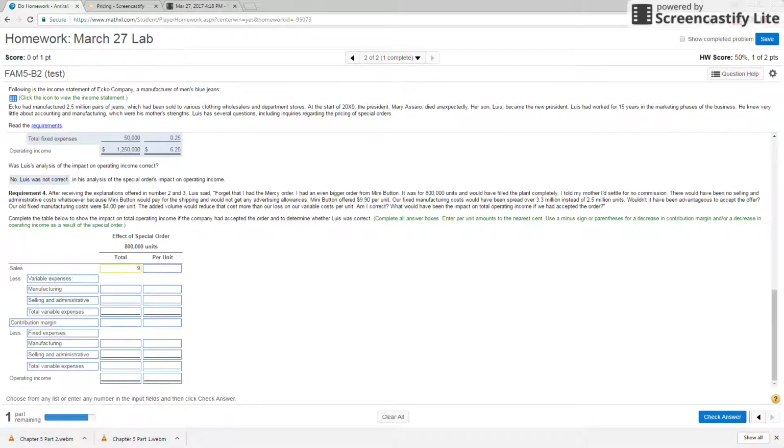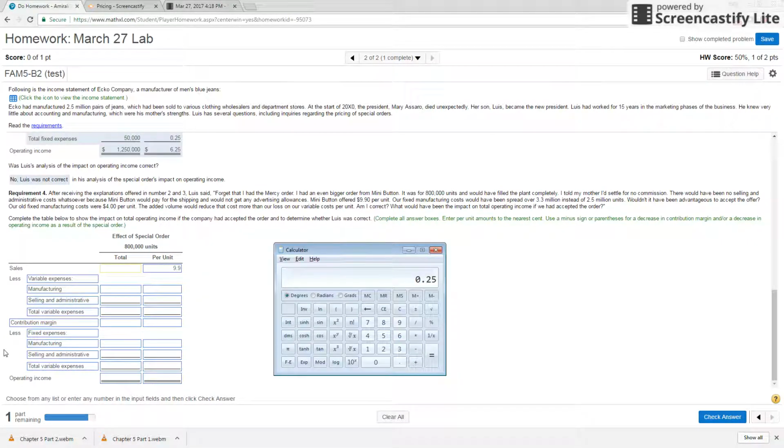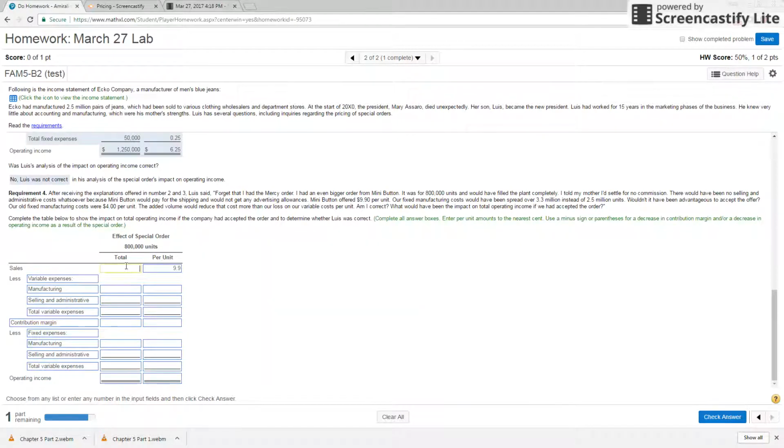So they are willing to pay us $9.90 for each pair, and they are buying 800,000 of those. So it's $7,920,000. Their manufacturing is $10 each, so it's $8 million.